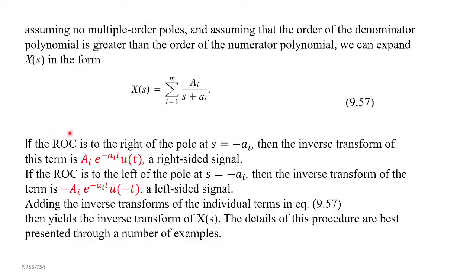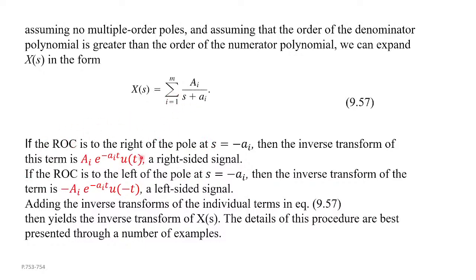But for Laplace transform, you need to do this ROC analysis, because there are two functions that have a Laplace transform equal to this 1 over s plus a. And once again, they are examples 9.1 and 9.2. So you need to look at the ROC.